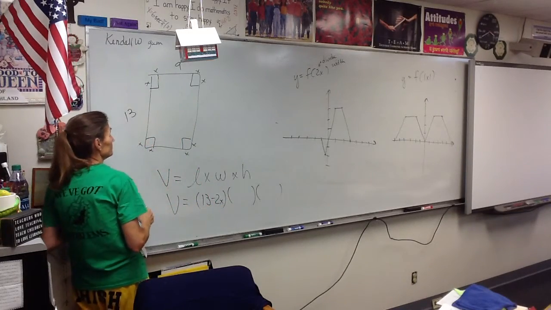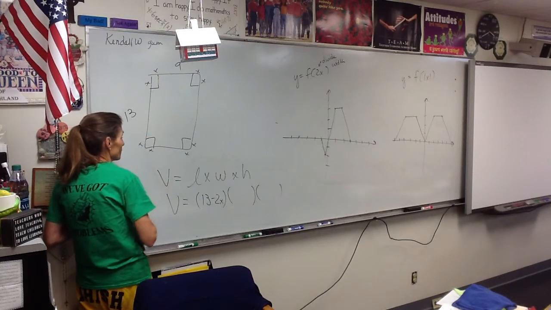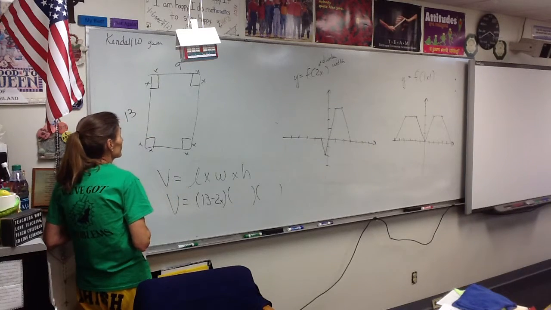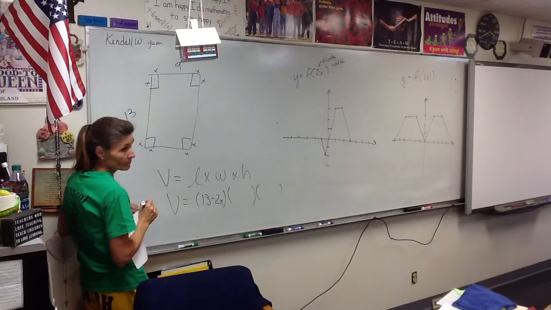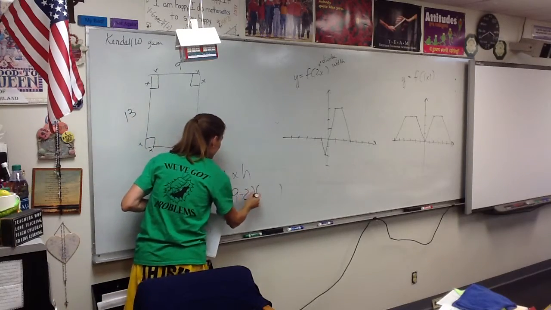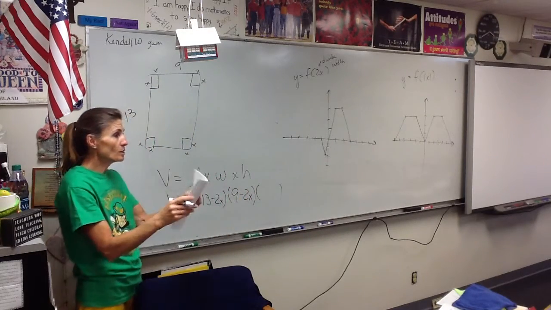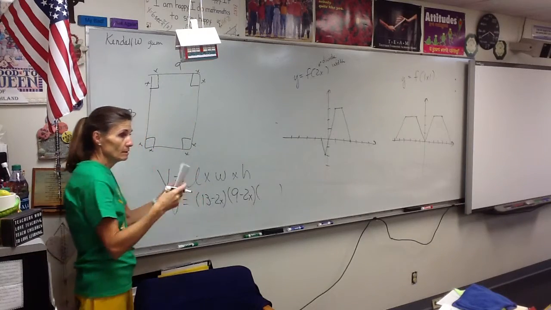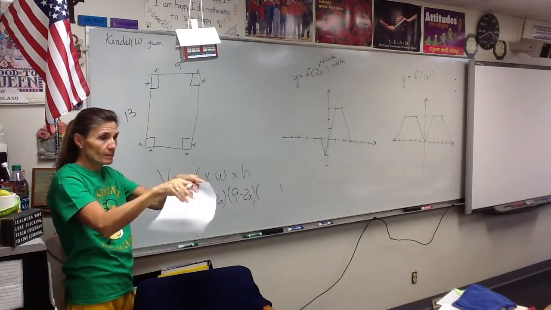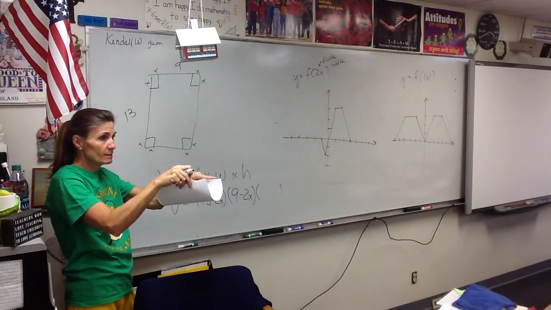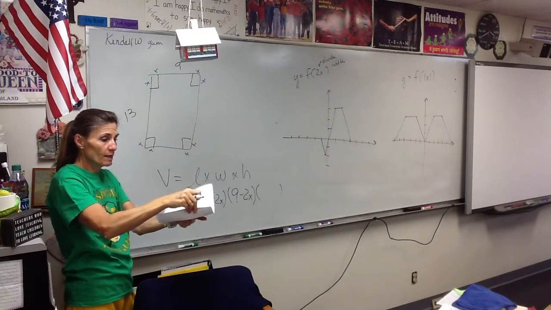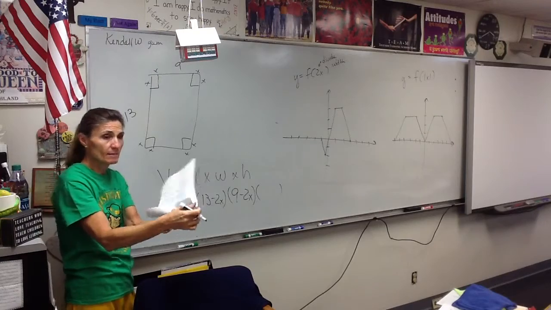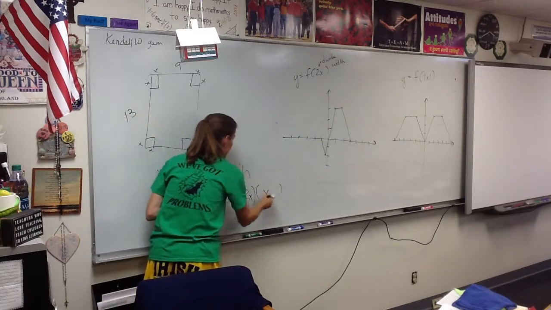Same idea. Nine minus 2x. And then what's your height? When you fold up these flaps, isn't your height just x? If you fold it up, isn't that just x? So your height is x.